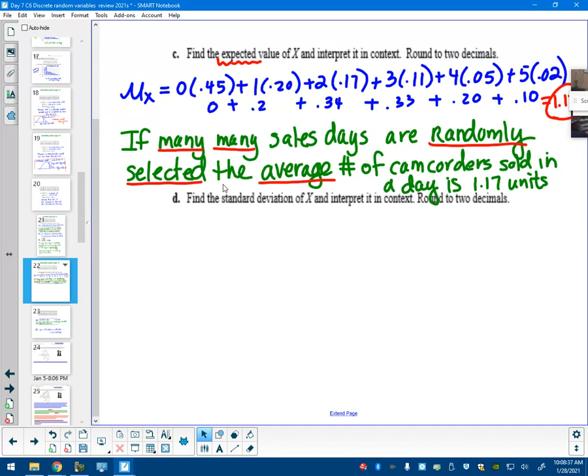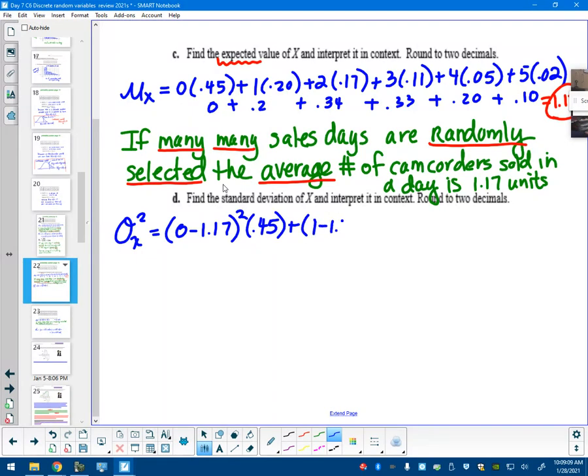So then I have two choices. I can either do the absolute value to get rid of the positives and negatives, or I can square it, and we choose squaring, because squaring allows you to do stuff with the variances. Okay, so we're actually going after the variance first, and what we do is we take how much does no camcorders differ from an average, squared, times its probability, plus how much does one deviate times its probability.